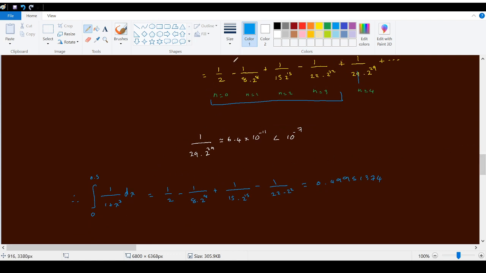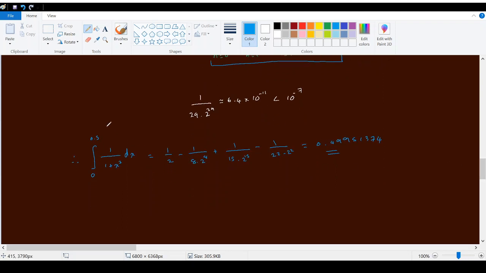So when you write down all these things, of course to do these calculations you will need a calculator, right? You are not required to do this manually, okay? And then once you add up these numbers, you can see that it will be equal to this 0.499 something, right? So that means now this is a very important moment. Here we have found a good approximated value.